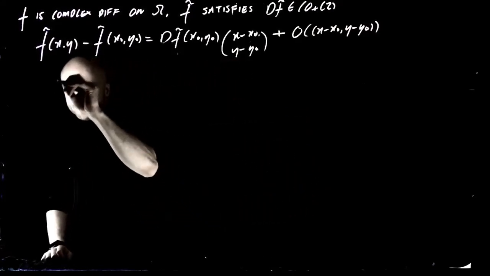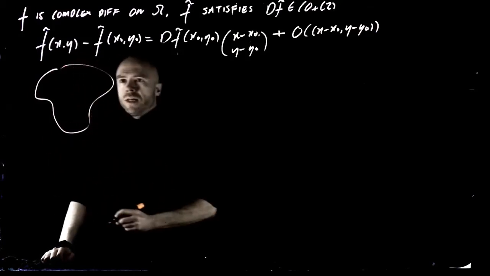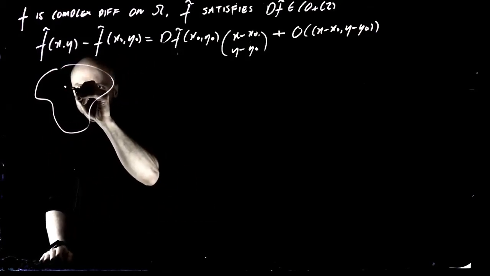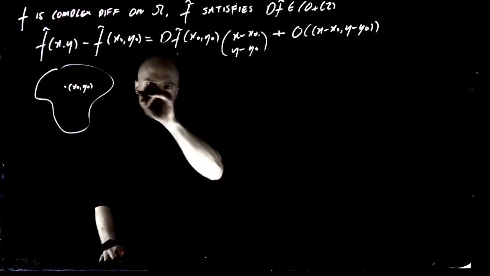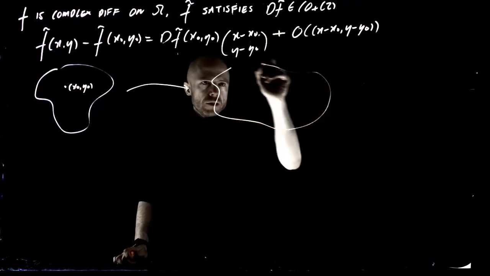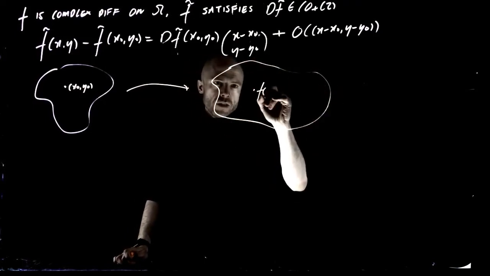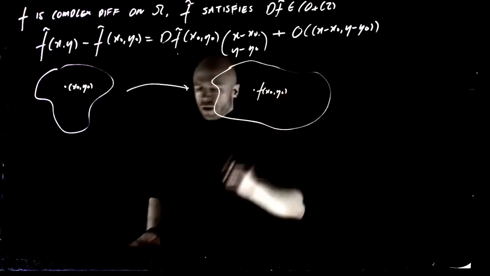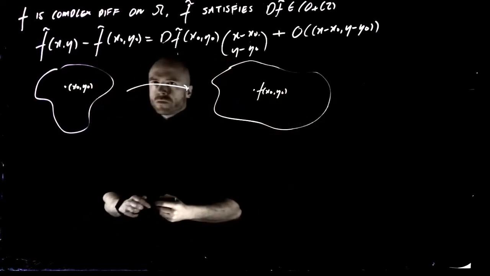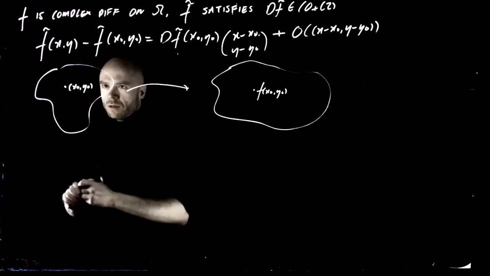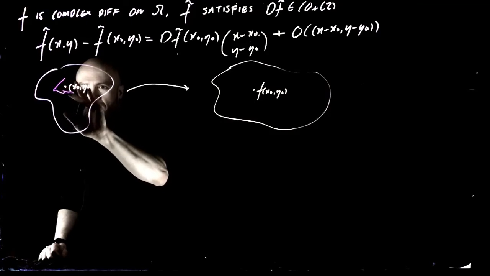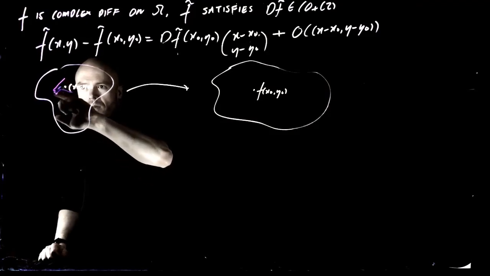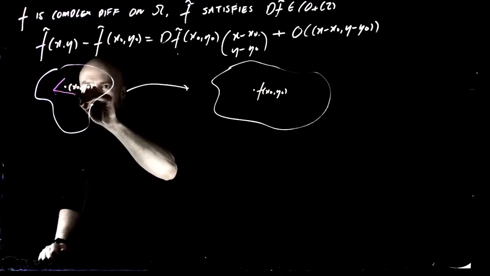So let's draw a region. Let's take some point where it's differentiable, say this is our x0, y0. And it maps it to something like this, and let's say the image ends up here. And let's draw a little triangle around this guy, like this.